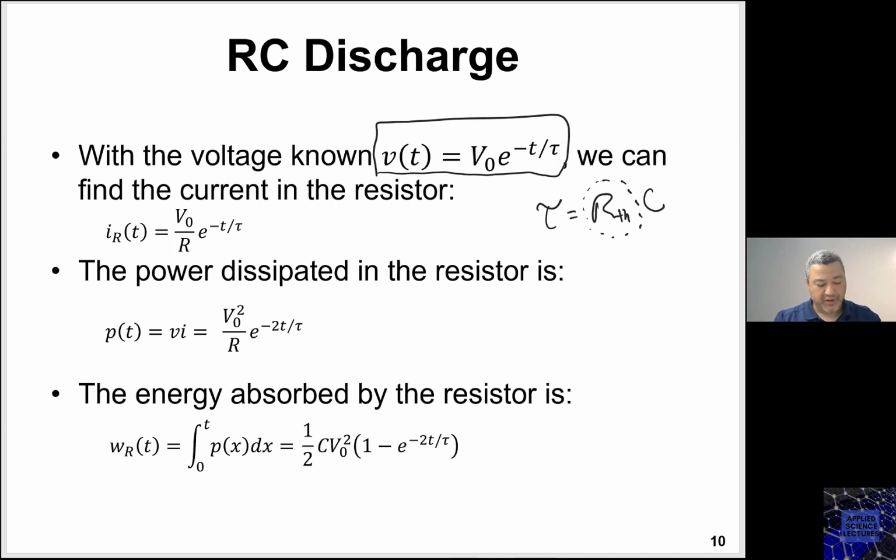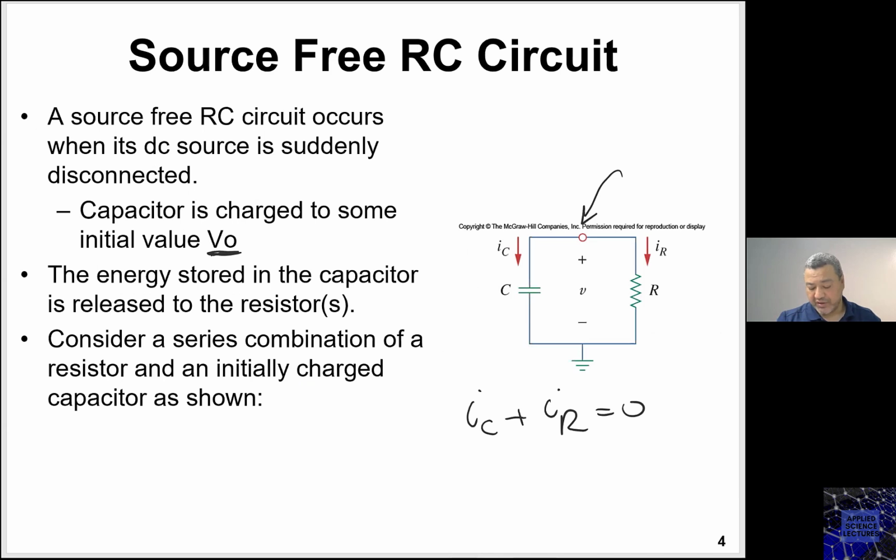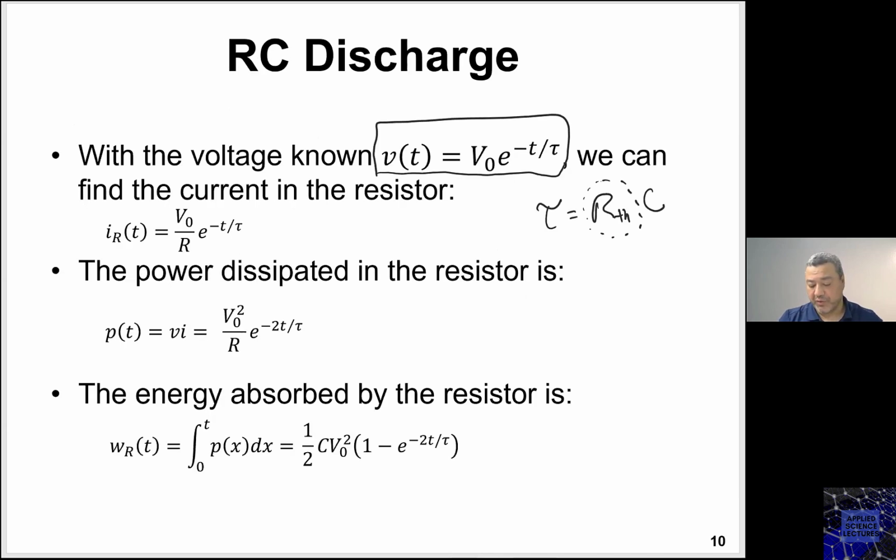In our example here, we have only one resistor connected across. So here tau is RC, right? And in later examples, as we will see later on, the circuit may be made of several resistors. So in this case, we should be looking at R Thevenin.